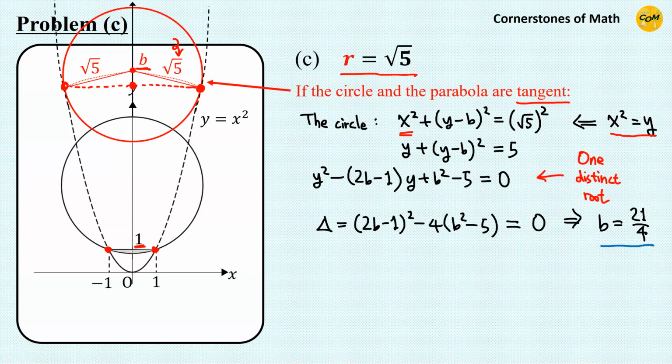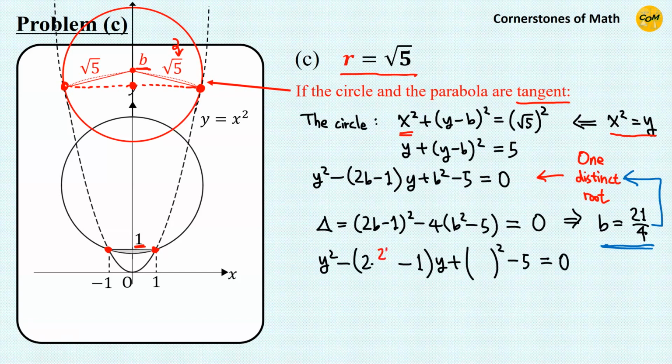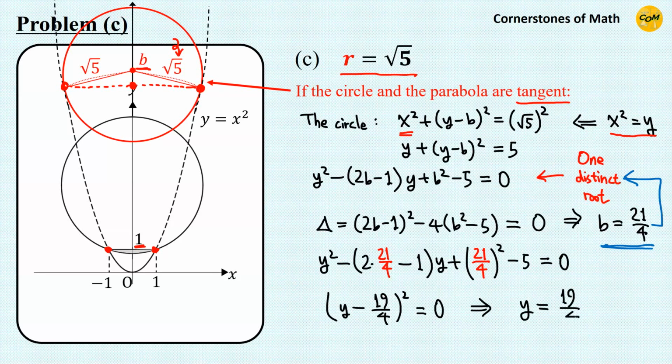Now we substitute this value of b in the previous equation to actually find that double root. This simplifies into (y - 19/4)² = 0, giving the double root y = 19/4.